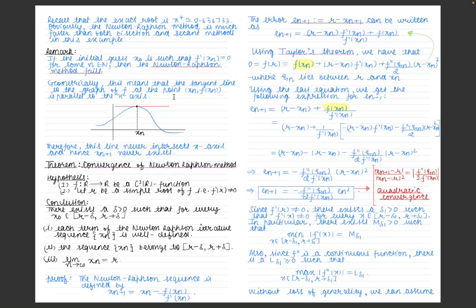This is your xn. Then f prime xn equal to 0 means the tangent is parallel to the x-axis. So the idea in the Newton-Raphson method was to continue and see where it intersects the x-axis.